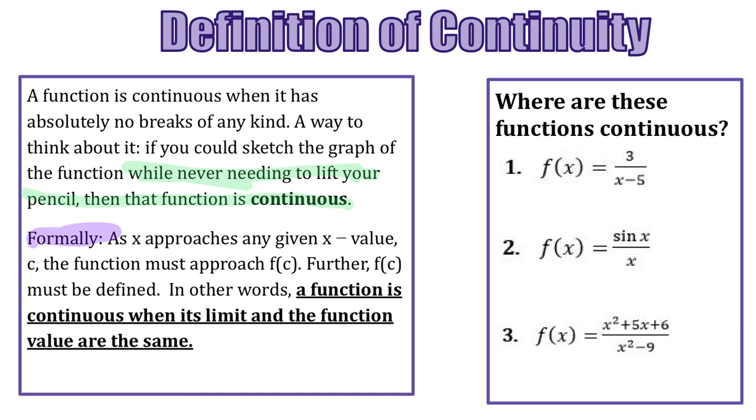So let's write that out notationally. Notationally, we're saying f is continuous at some c value if the limit as x approaches that c value is just what we get when we plug c into the function. We're going to come back to this definition after we really focus on what makes a function discontinuous.